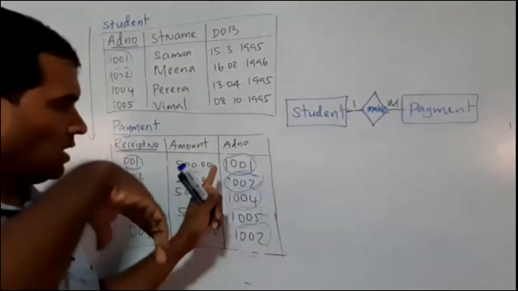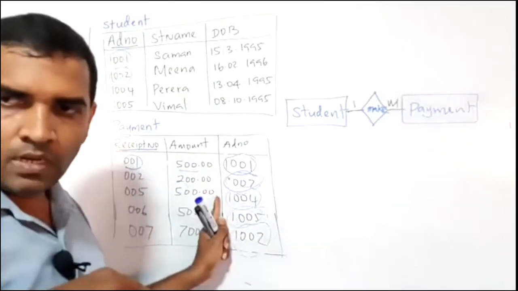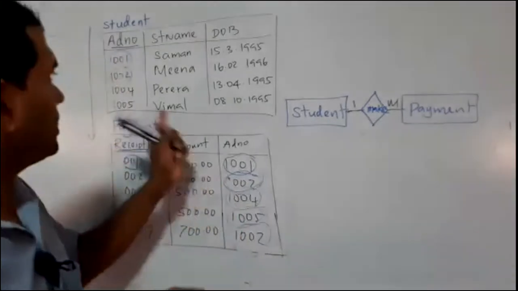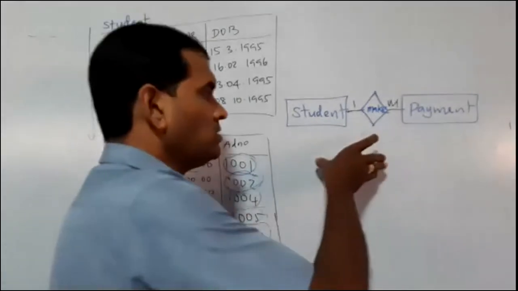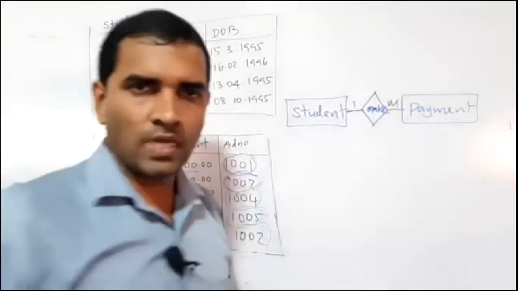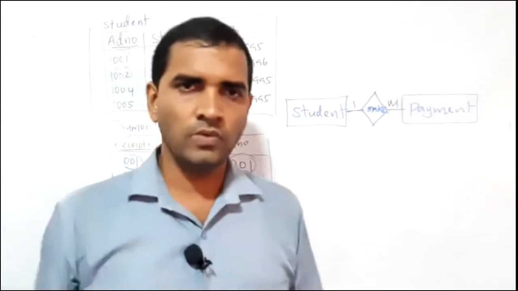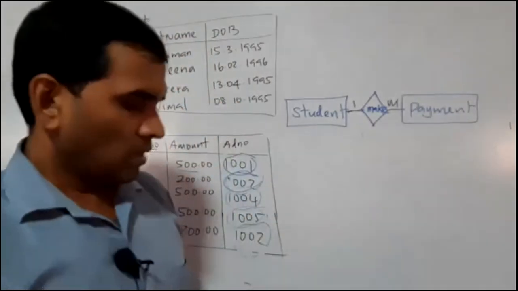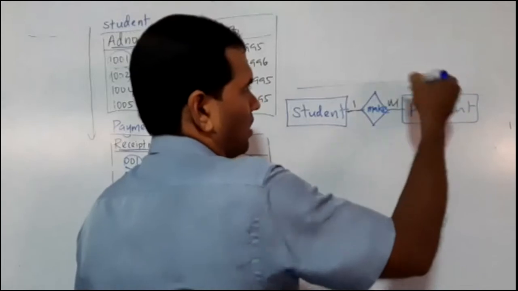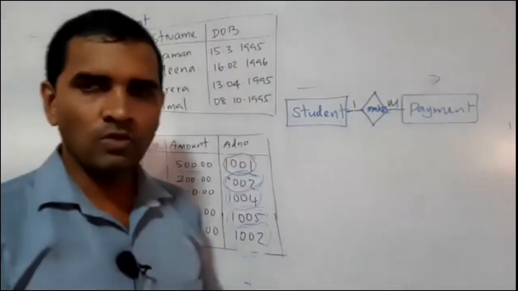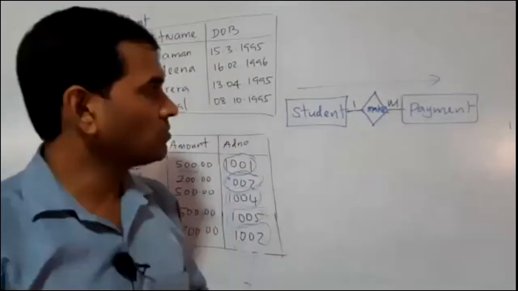In the opposite manner, a data in payment table has only one similar data in student table. So now let's extract a meaningful sentence. Listen to me very carefully. Can you give me a meaningful sentence from student to payment?